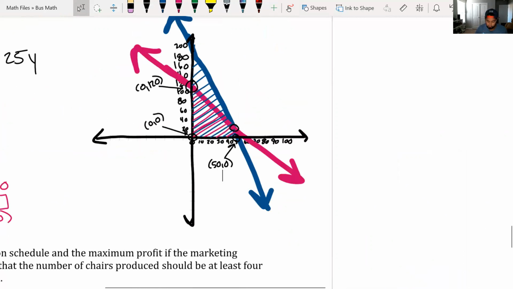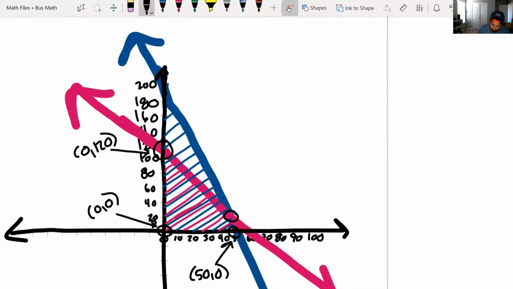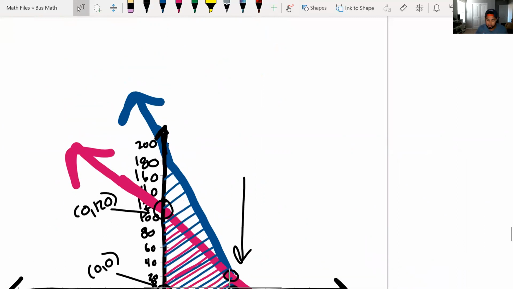Do I have room? I have room above it. So for this one, we'll prove by our system of equations.